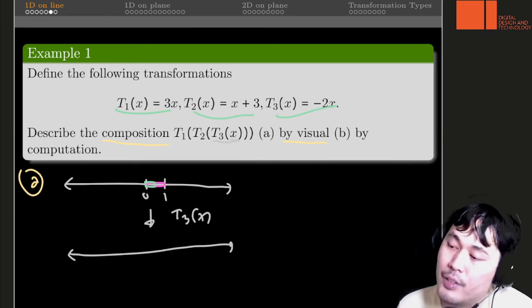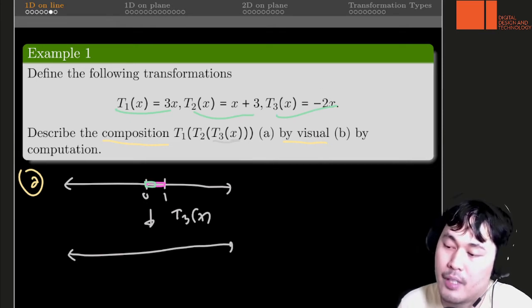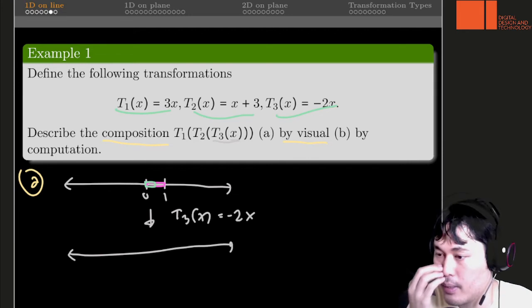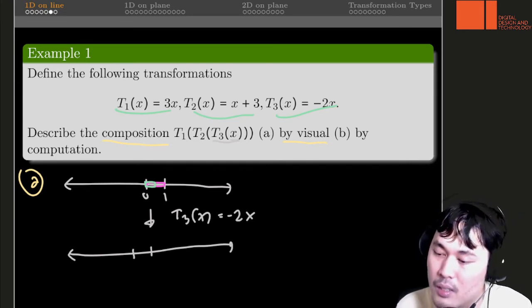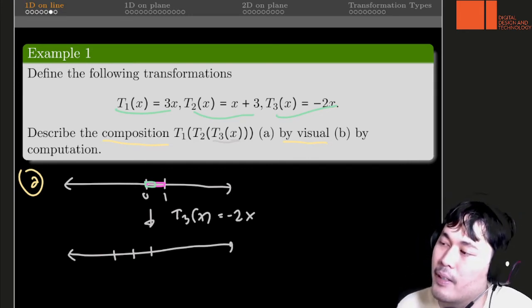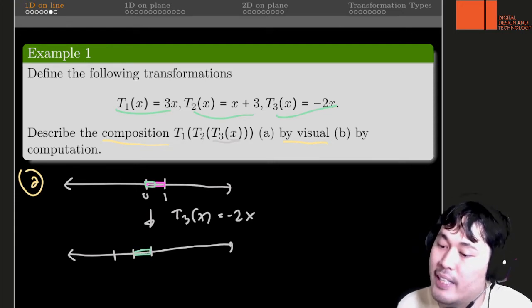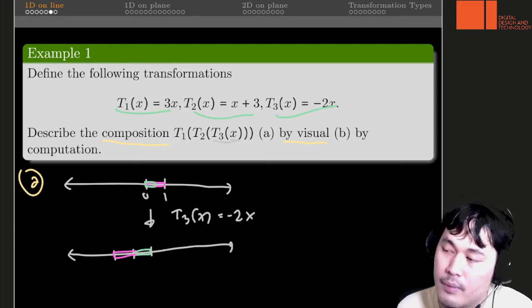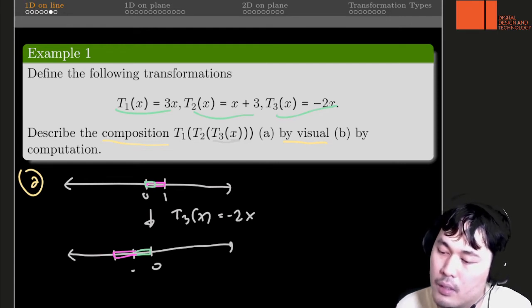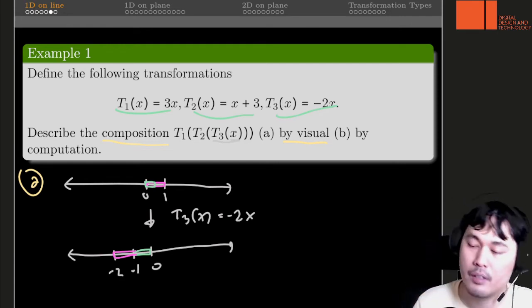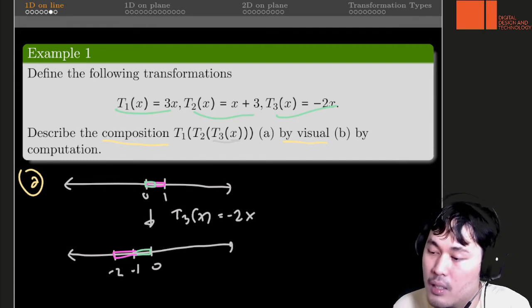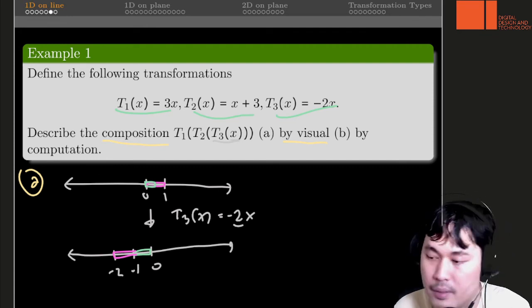So here we have T3 of x is minus 2 times x. Right, what does this mean? It means we multiply that by minus 2. And the result should look like this. So we start from this line. We scale it up by 2 times, and then we flip it.